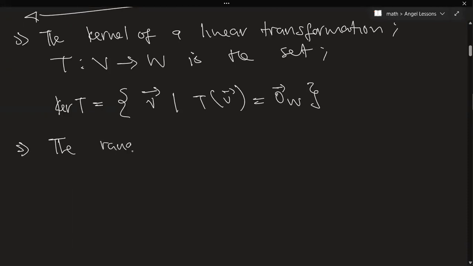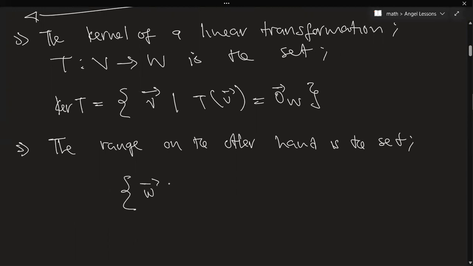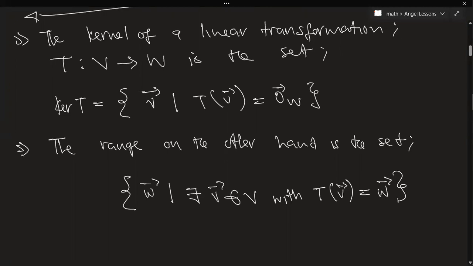The range, on the other end, is the set which consists of elements W such that there exists V, an element of big V, with T of V equal to W, like that, you see.